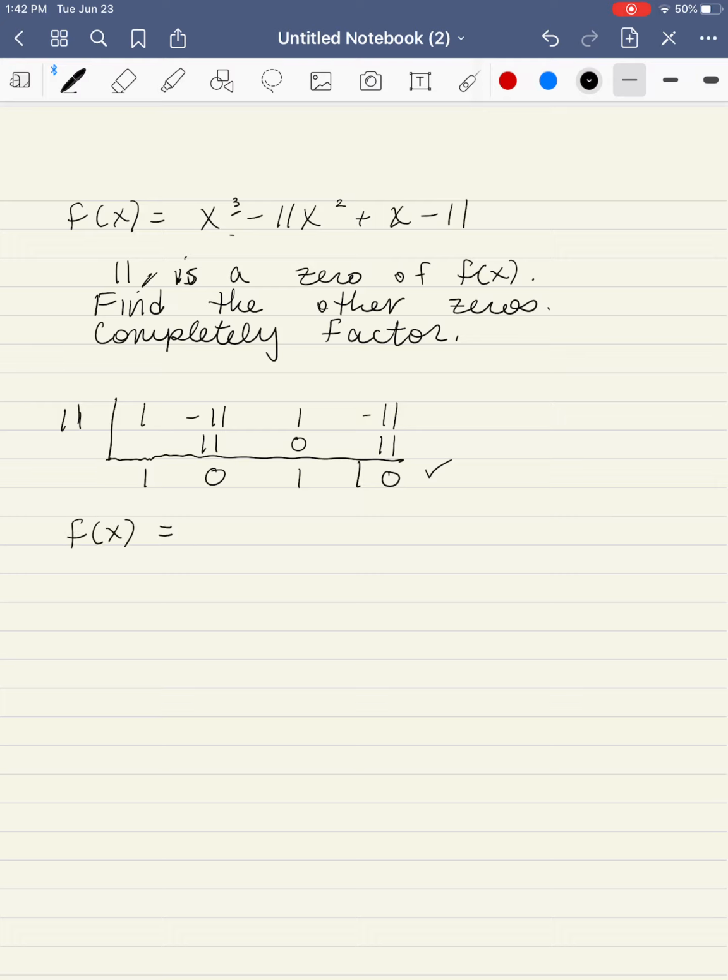And we have 0 as our remainder, so we see yes, that is a 0. And what we just did, our synthetic division, is we divided out x minus 11, and we were left with 1x squared plus 0x plus 1.